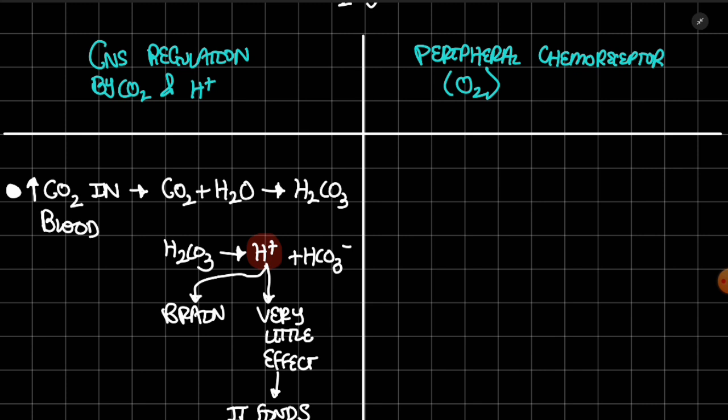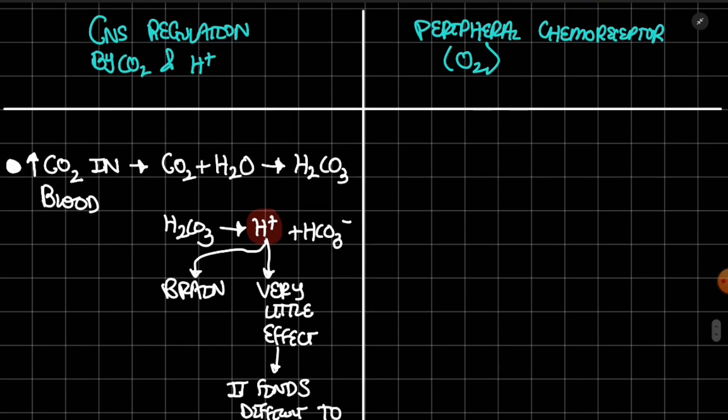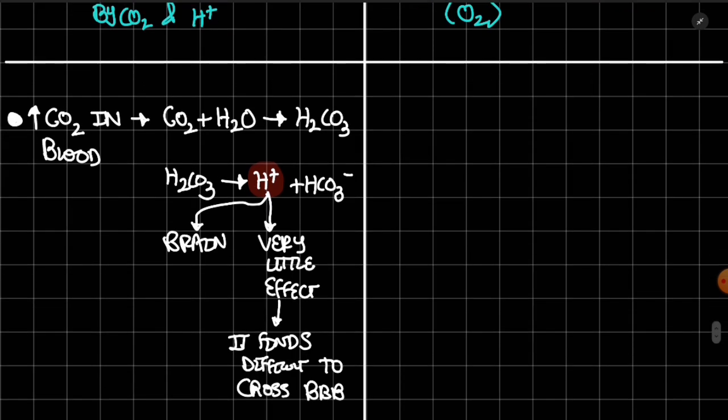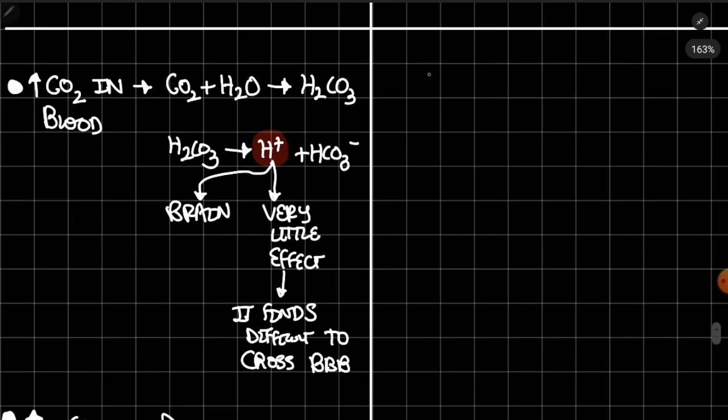Basically we have to bring the respiration back to normal. The chemoreceptors are present in two locations: the aortic bodies and the carotid bodies.